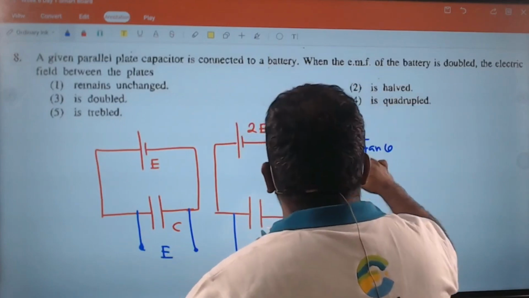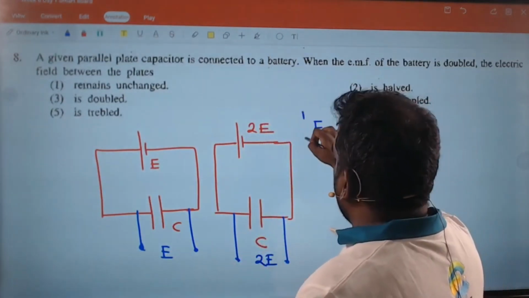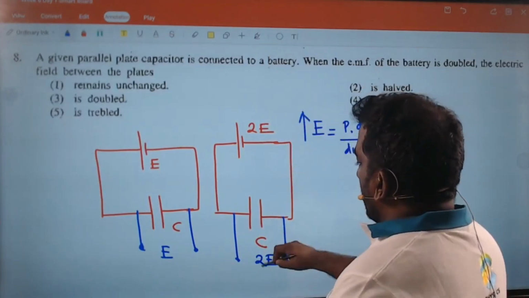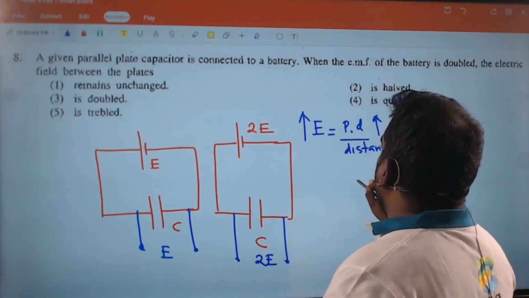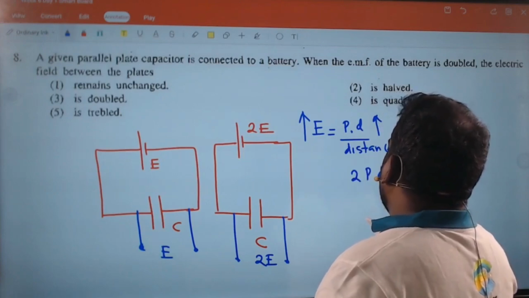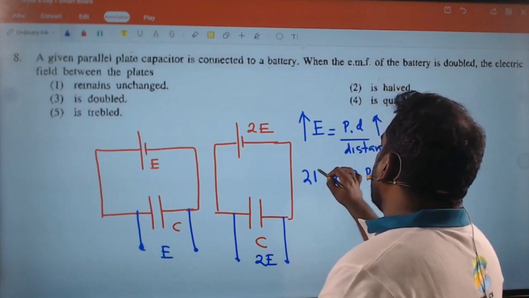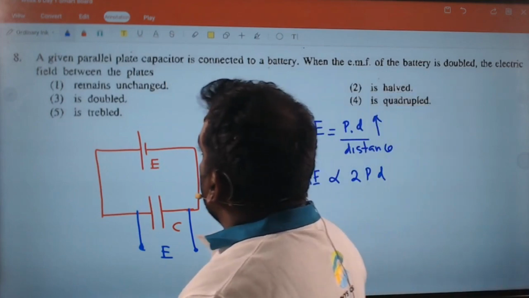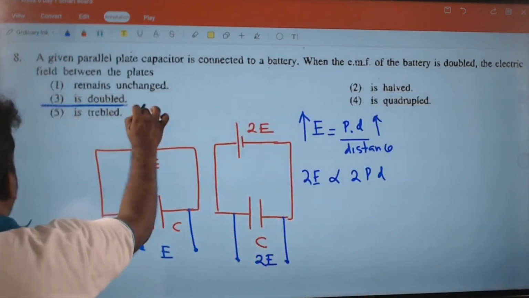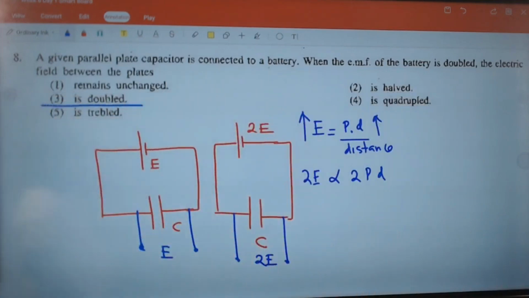So potential difference increases means electric field increases. Potential difference double means electric field also will double. 2 times PD means 2 times E. So your correct answer is answer number 3, doubles.